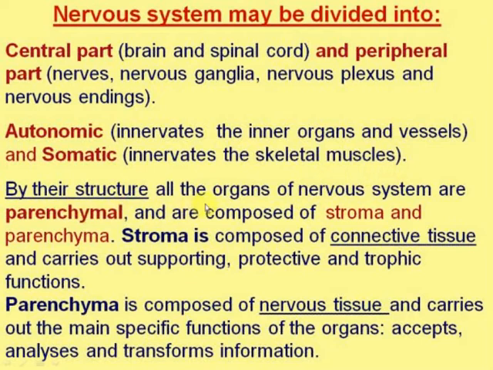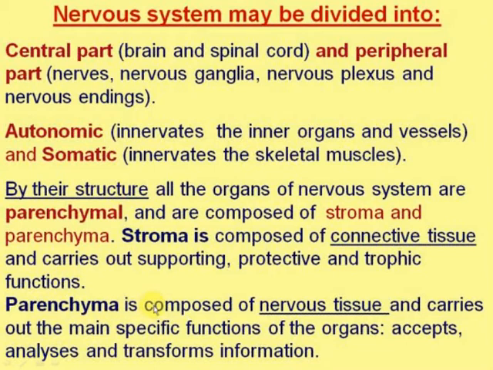By their structure, all the organs of nervous system are parenchymal and are composed of stroma and parenchyma. Stroma is composed of connective tissue, includes capsule and connective tissue layers, and carries out supporting, protective, and trophic functions.